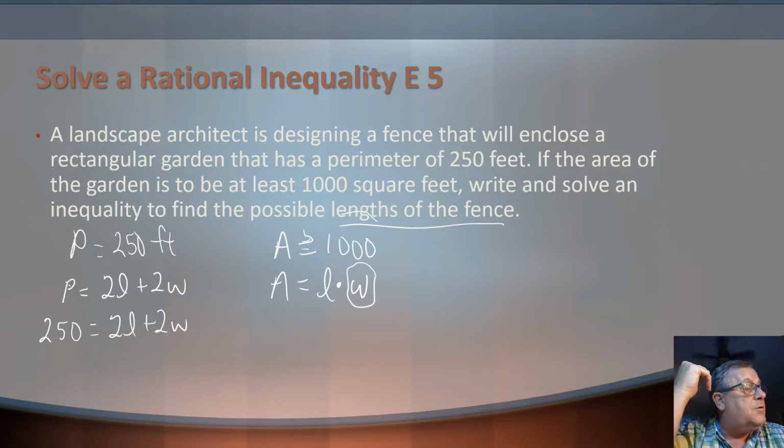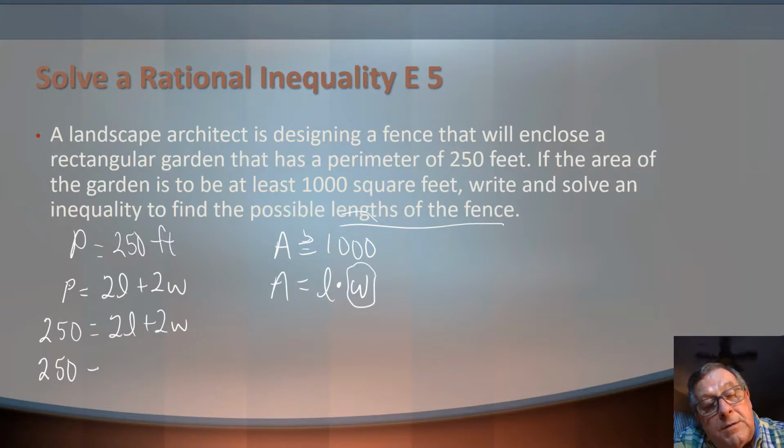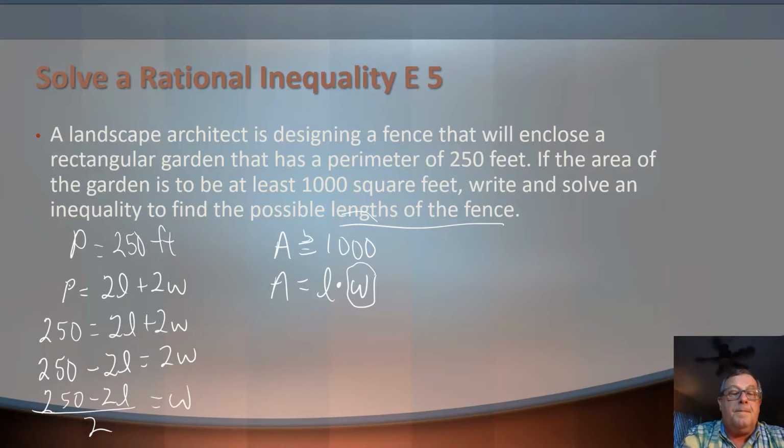If I subtract 2L from both sides, I could then have that 250 minus 2L equals 2W. And then we can divide by 2. So 250 minus 2L over 2 equals W.